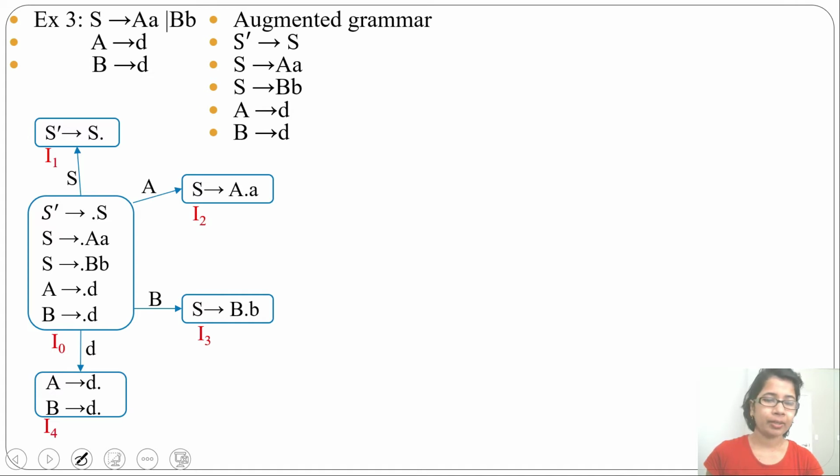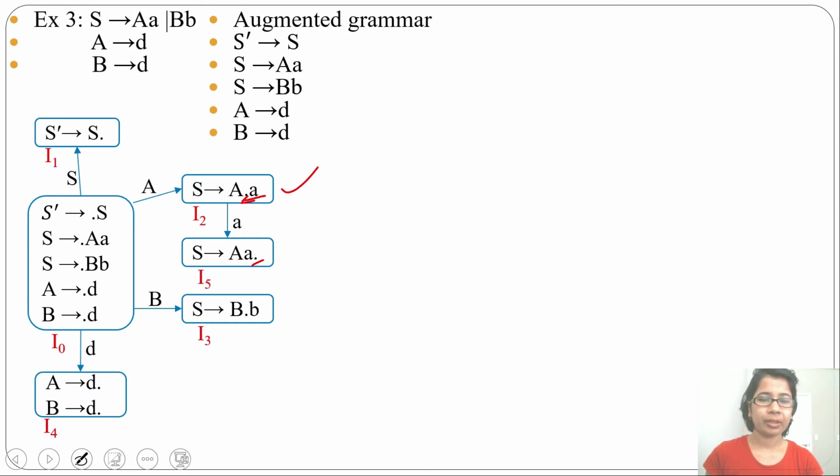Now for I0 we did all the transitions. Let's check I1. I1 is the accepting state, so there will be no transition. Next check I2. In I2 there is a dot before A. So from I2 by A, it will go to another state where the production will be S derives AA dot. This dot was before A, now the dot is after A. And assign the state name I5.